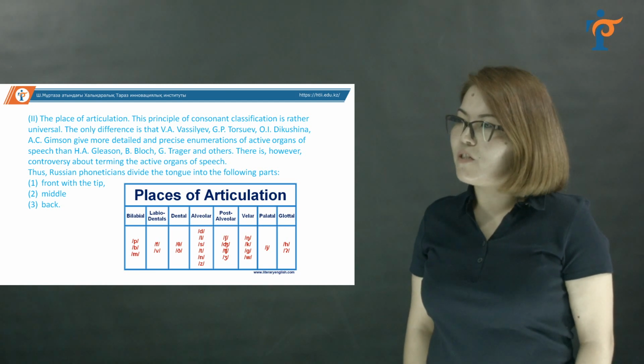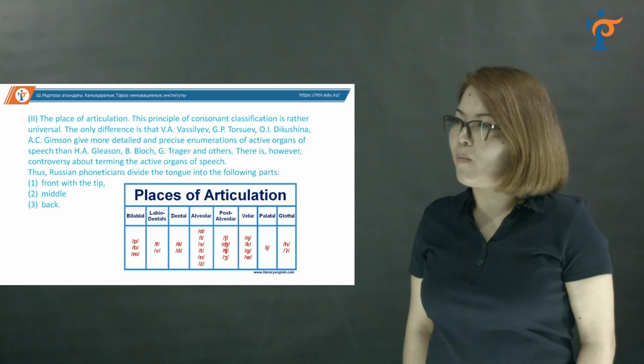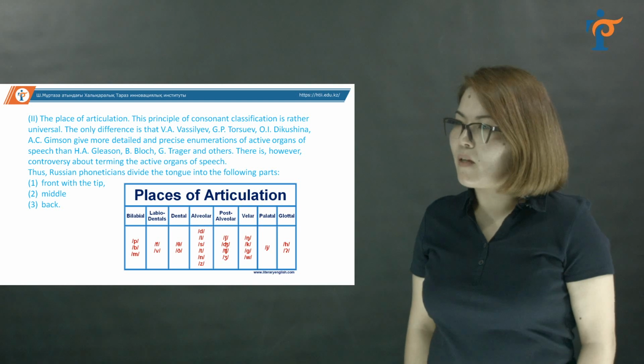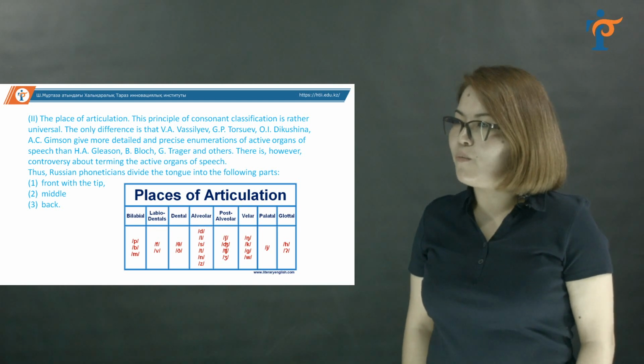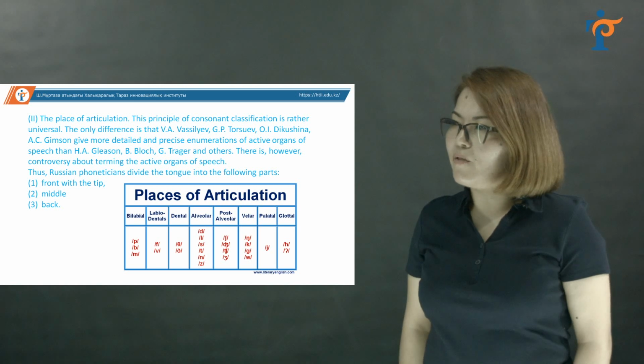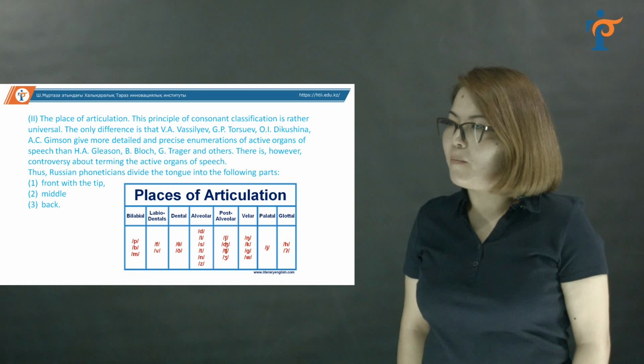Thus, Russian phoneticians divide the tongue into the following parts: the front with the tip, middle, and back. On this figure, you may see places of articulation. The sounds are bilabial, labiodental, dental, alveolar, post-alveolar, velar, palatal, and glottal.